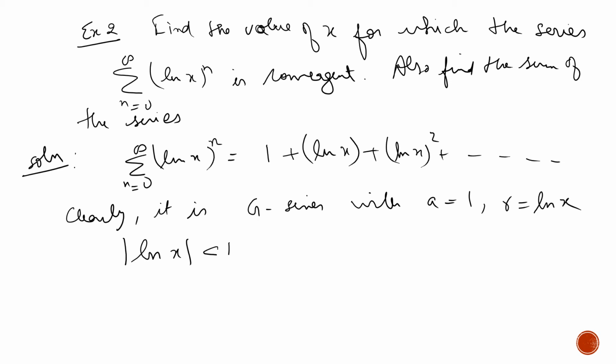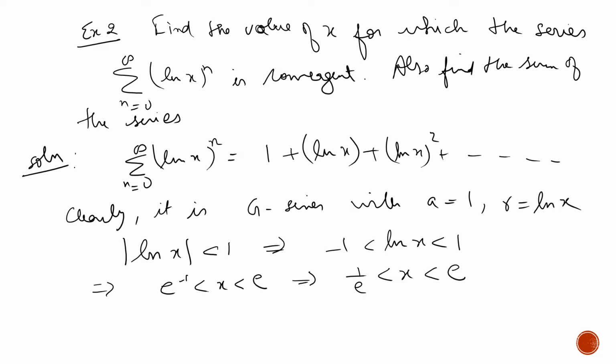This implies that log of x should be between this value, and this implies that x should be in between this. So whenever x is between 1 upon exponential of this, your series will be convergent.